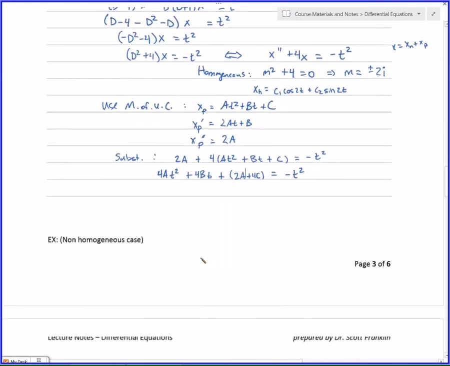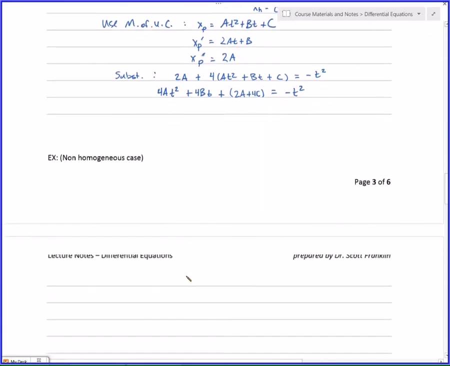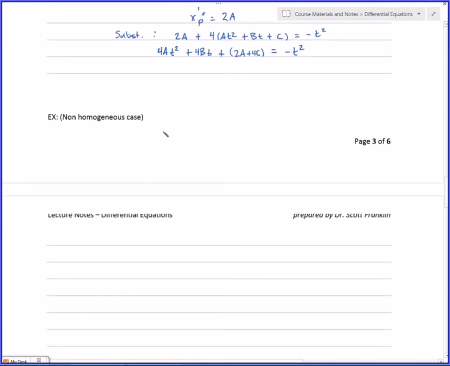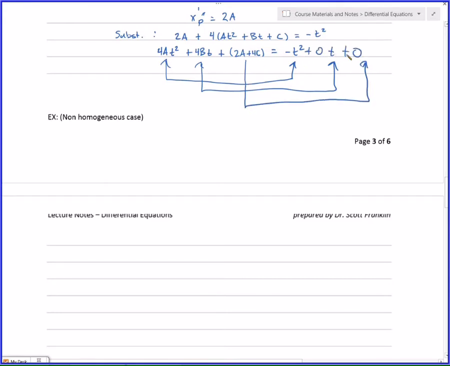Okay, so how do we get our equations to find the a, b, and c? Remember, you set these equal to the corresponding coefficients, right? This is like plus 0t, and then this plus 0. So 4a has to equal negative 1. 4b has to equal 0.